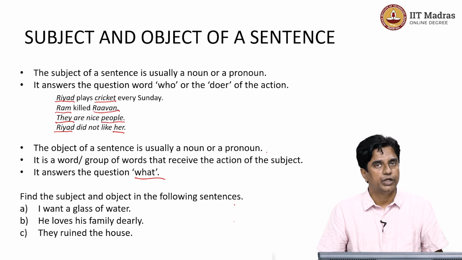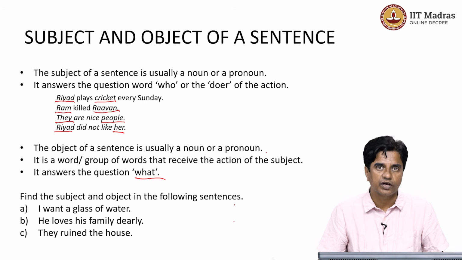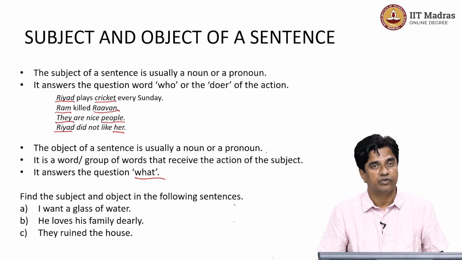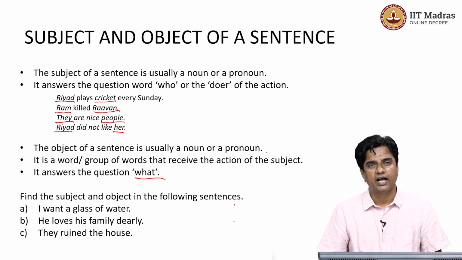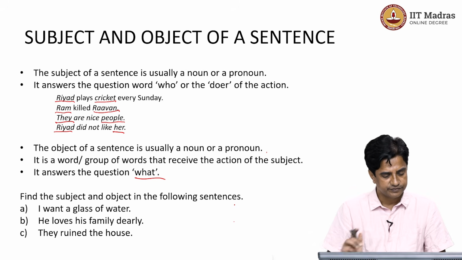Remember, an exercise like this is important for us to be familiar with the computation in our mind that takes place when we speak, when we understand, and when we write. They together make our language impressive. Look at this example. I want a glass of water.